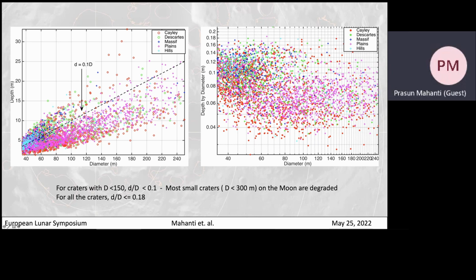What I wanted to show is that for craters in these size ranges, the majority of them would be below this line of depth equal to 0.1 times the diameter, and overall, all of them will be below this 0.18 cutoff, and actually even lower. I mean, these ones actually were much smaller craters, so the majority of them are concentrated in even lower values.